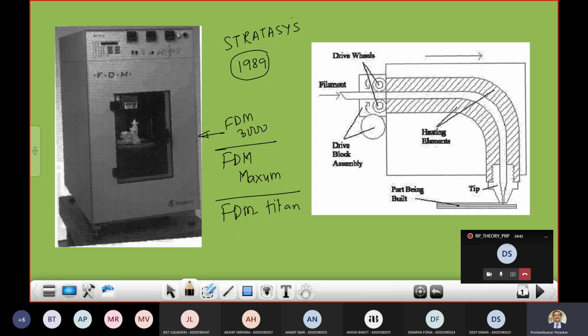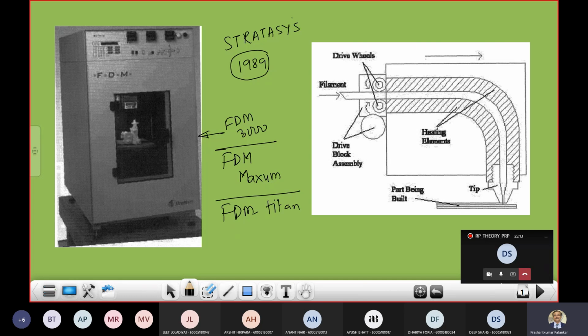Later various series evolved; here I have given you only one name, FDM 3000, which is popular these days. But at the beginning they came with various series like 1500, 1600, 1650, then 2000, 8000, and the Quantum series.